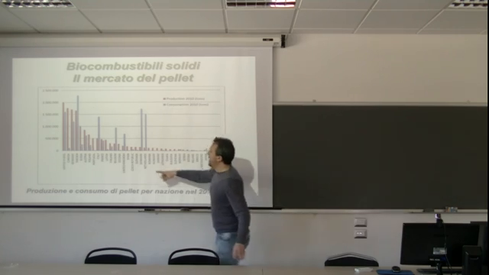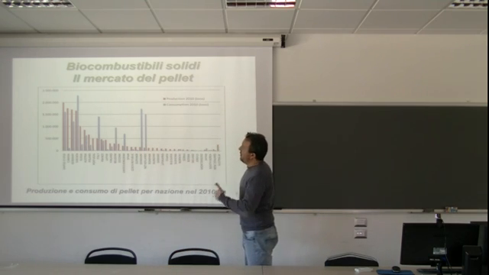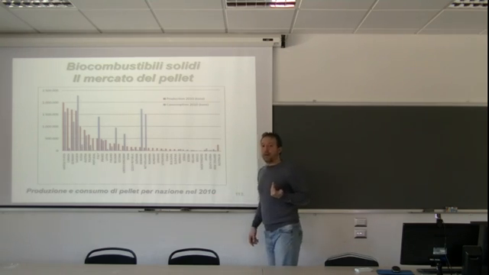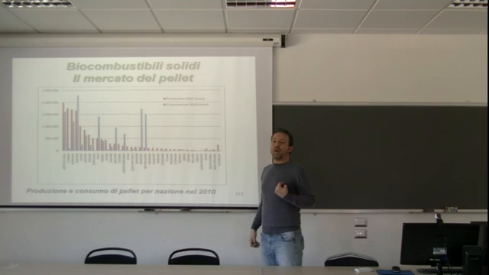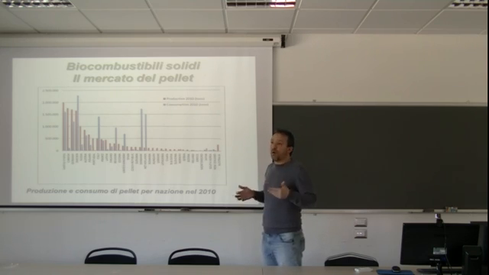For example, in Italy you can see that we have a consumption 3 times the pellet we can produce, because we don't have so many food industries to cover the market request, and so we have to import pellet from Europe or from all over the world.